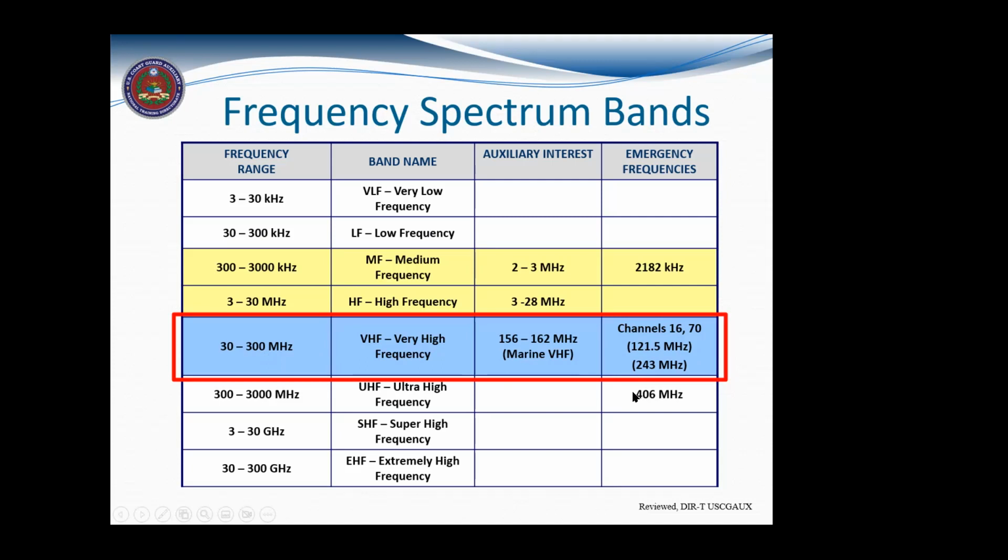The EPIRB beacon frequency, 406, is in the UHF, ultra high frequency, and those are probably the only band spectrums that you need to know by name.